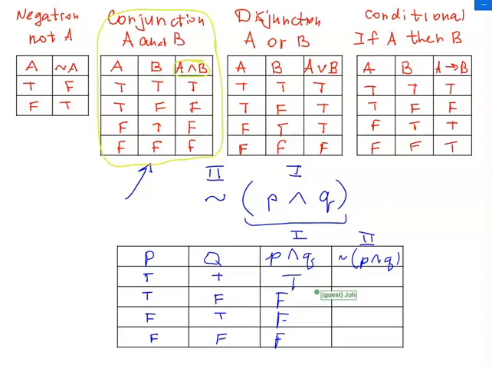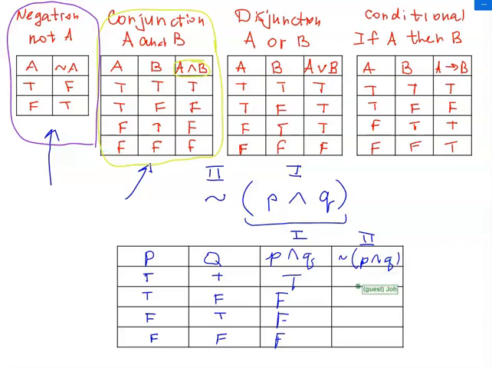Okay? So then here for step two, let me switch to this lovely purple. For this, we're just taking the negation. So the important thing is we're going to take this column and we're going to do the negation. So that means we're going to be doing this rule right here, which just means it's the opposite.